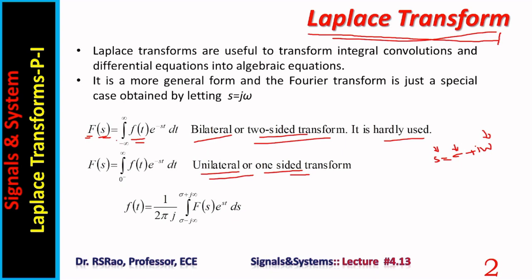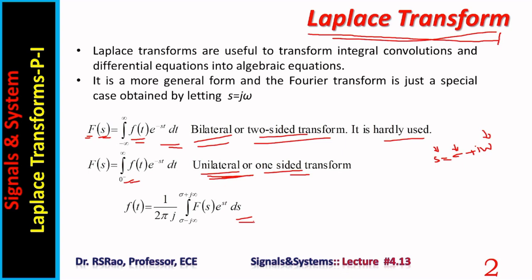F of s is integral minus infinity to plus infinity f of t e power minus st dt. This relation gives bilateral transform. If the requirement is unilateral transform, then simply change the lower limit on the integral sign to 0 minus. Except this difference, both are the same as far as forward transform is concerned.